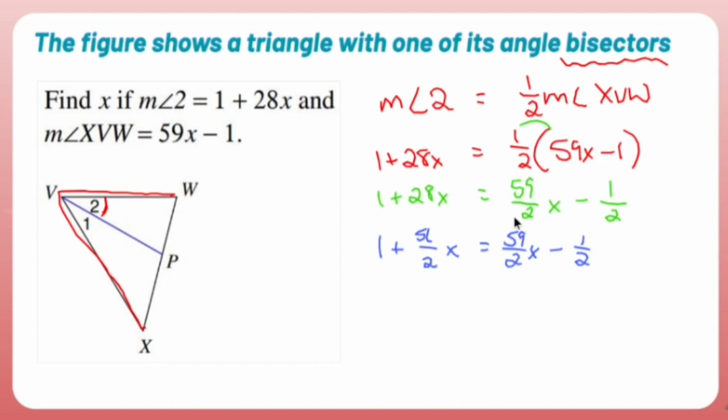In order to get rid of this x over here, I'm going to subtract 59 over 2 x. Again, subtract 59 over 2 x, cross you out. 56 over 2 minus 59 over 2 is minus 3 over 2. Drop down the 1, drop down the equal sign, drop down the minus a half. Now what I have is a terrible, terrible two-step equation.